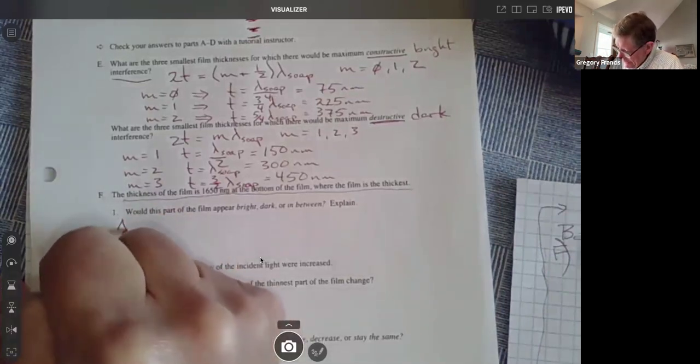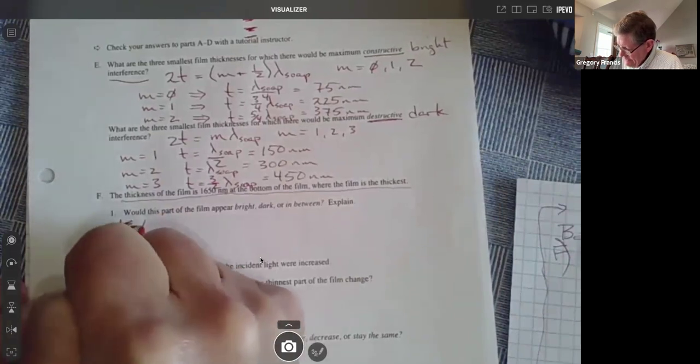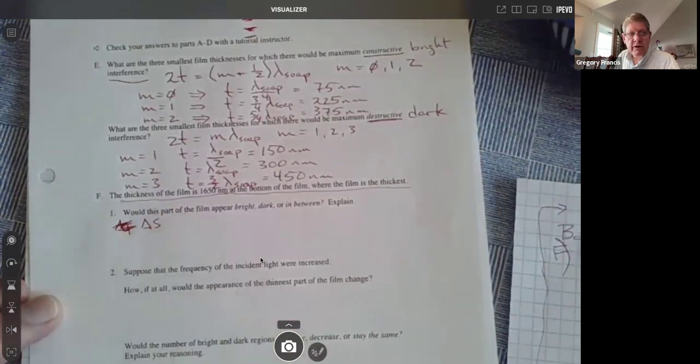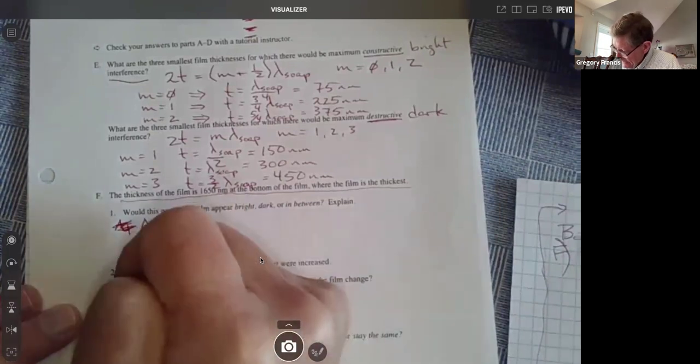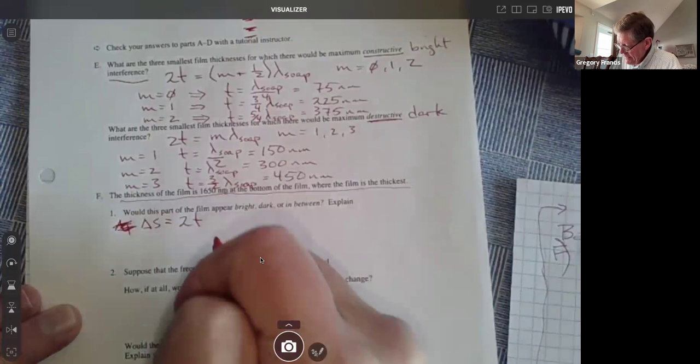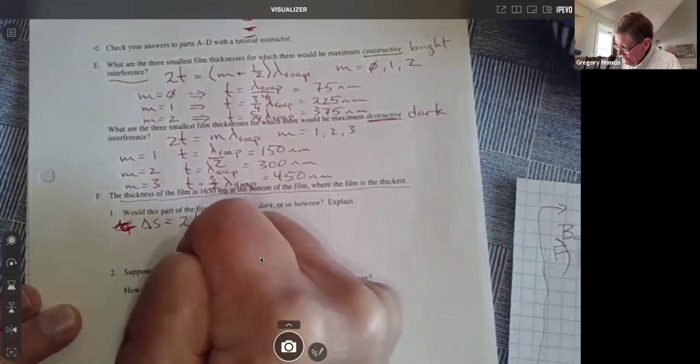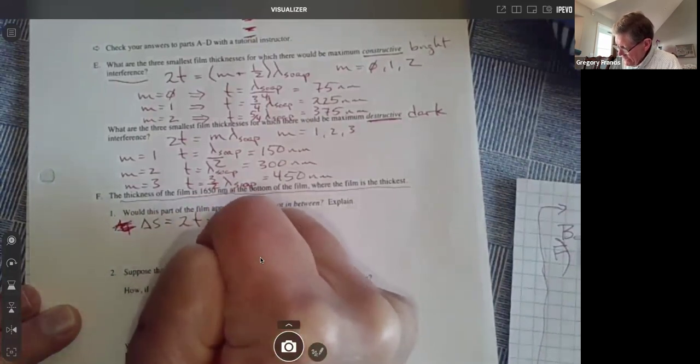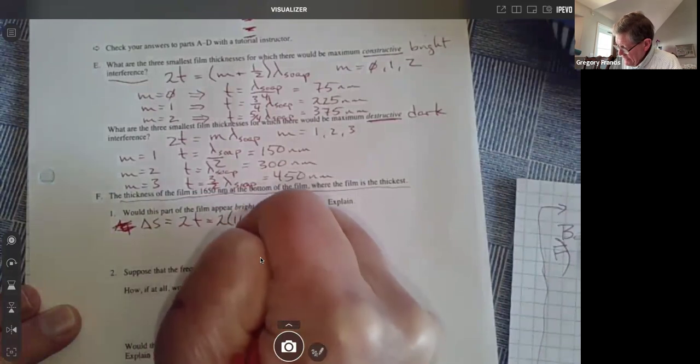The change in path length, we're calling delta S, remember, is 2 times the thickness of the film. And that's going to be 2 times 1650 nanometers.